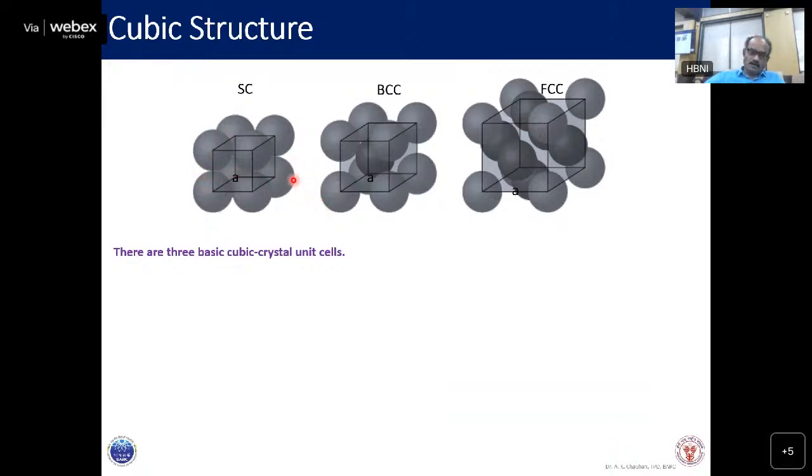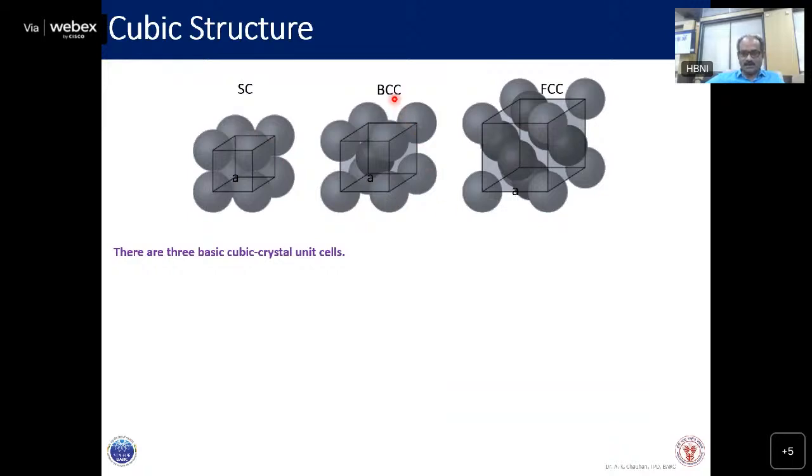Each atom contributes 1/8 to this cell, and the remaining 7/8 is given to the other cells, because for each point there will be 8 similar cubes, so each point is shared by 8 cells. This is the simple cubic structure.